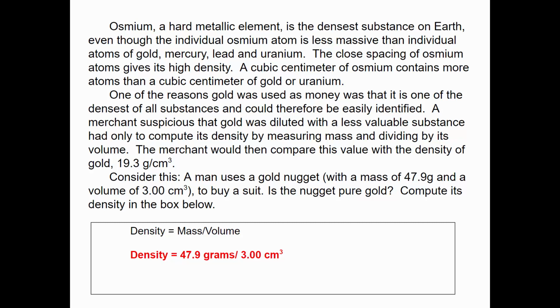Do my division, what do I get? It's not 16 things per thing, it's 15.97 grams per cubic centimeter. Is it gold? No, it is not. This person is a scammer. Maybe they mixed the gold with another metal.